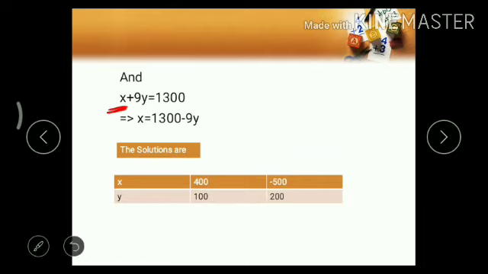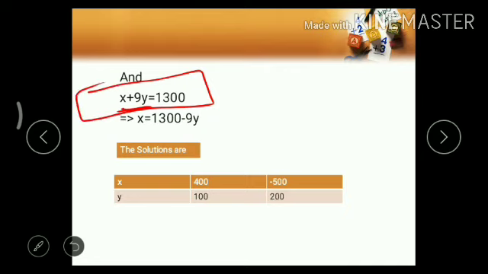So the cost of a bat is x rupees, so the total cost will be x for one bat, and 3 more balls she has bought. So 6 balls were already there, 3 more balls she has bought, it means 9 balls this time she is buying. So 9 into y we shall write, and we are given the total cost, so x plus 9y equals 1300.